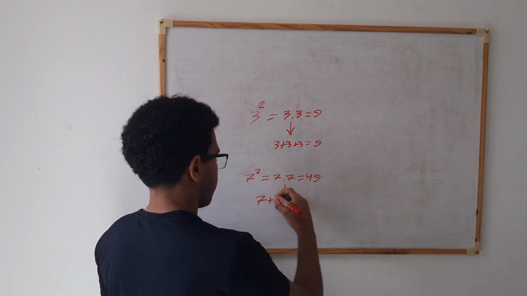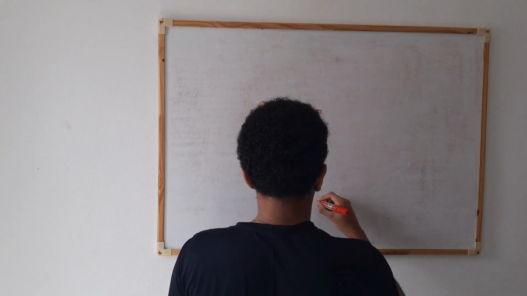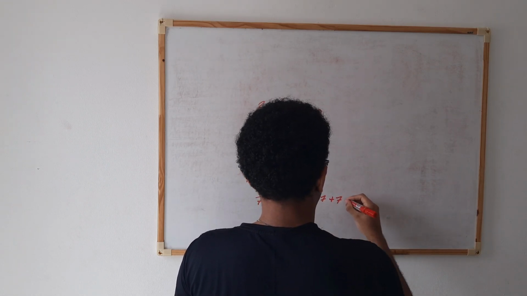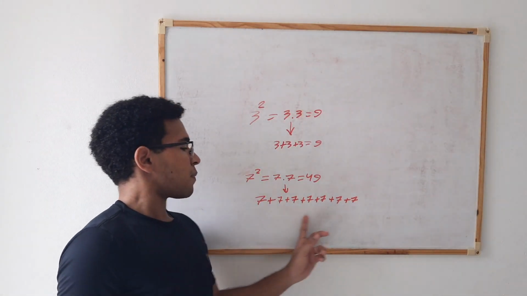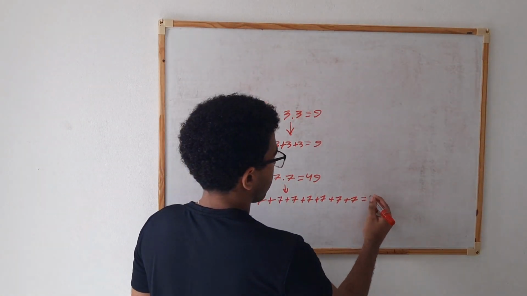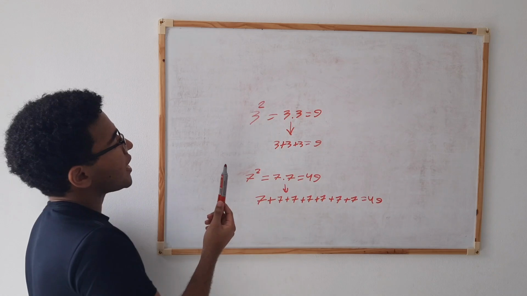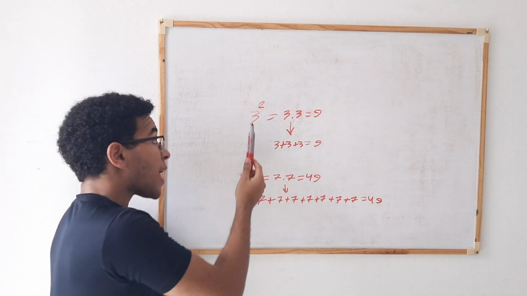So 7 plus 7 plus 7 plus 7 plus 7 plus 7 plus 7, which if we were to do this, we would see that it's equal to 49, okay? So this is how exponentiation is also understood through addition.